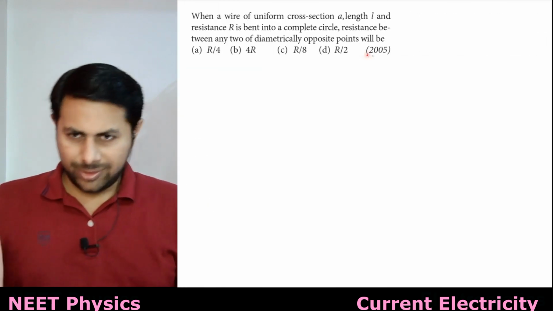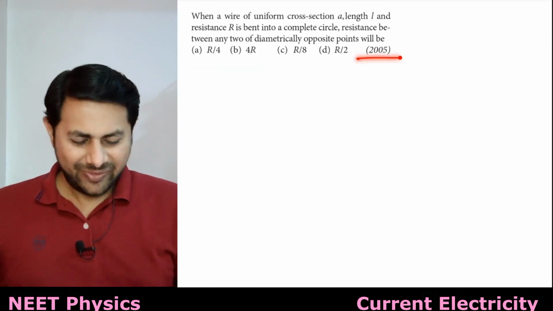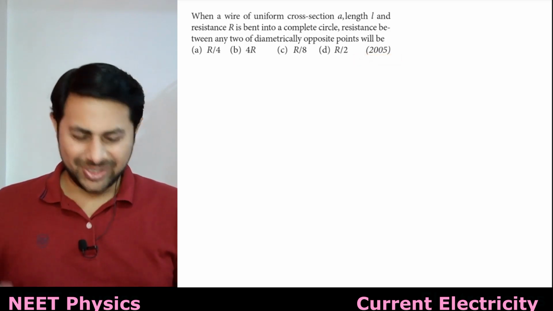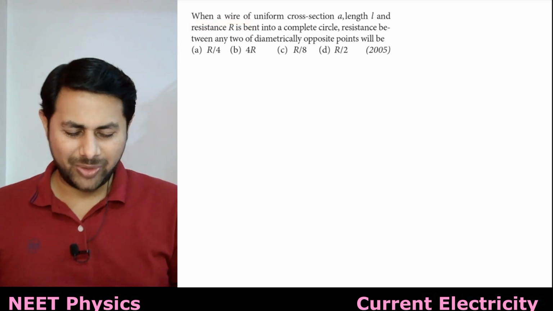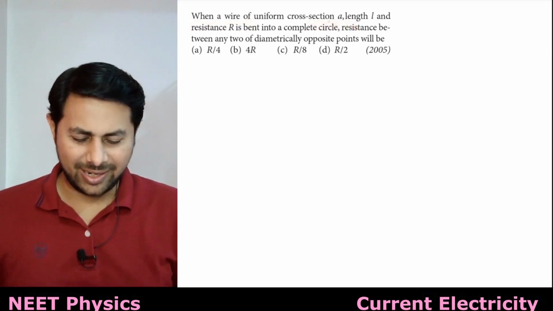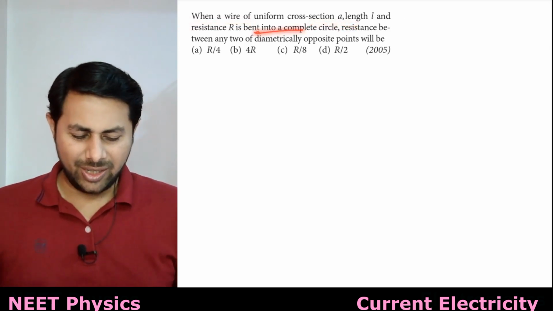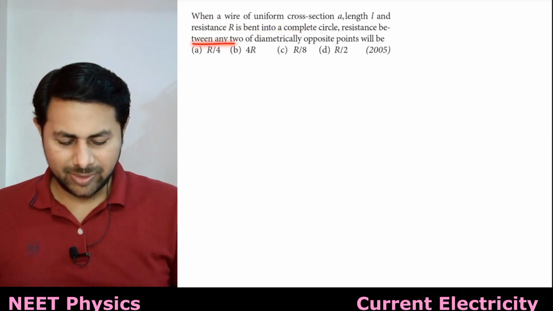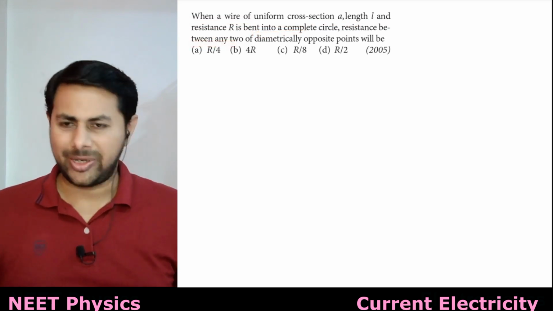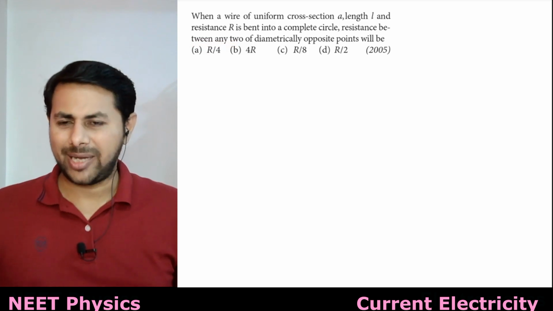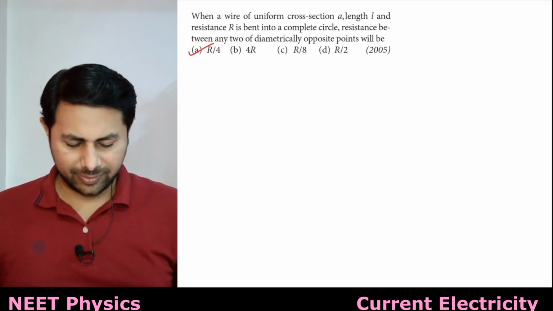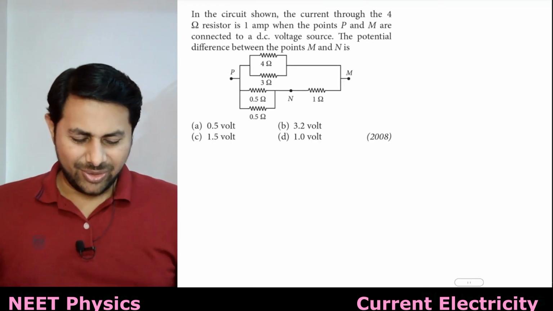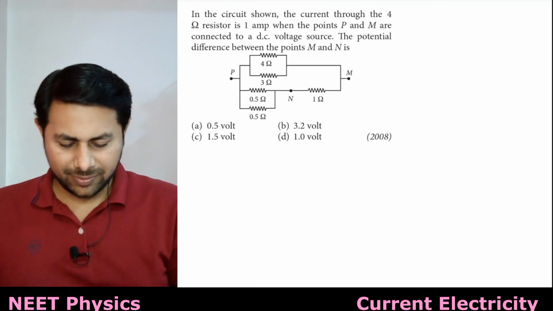So the question is repeated, that's why I'm asking you to memorize it. When a wire of a uniform cross section A, length L and resistance R is bent into a complete circle, the resistance between any two diametrically opposite points will be R by 4, right? It's very simple. Okay, let's see next question.